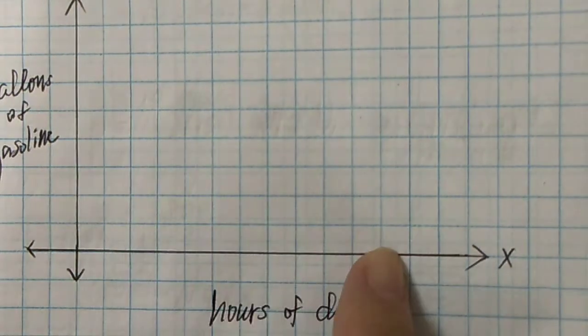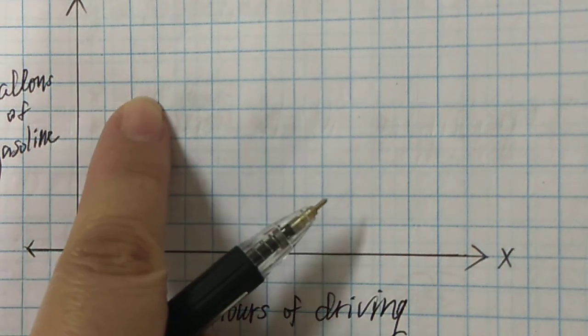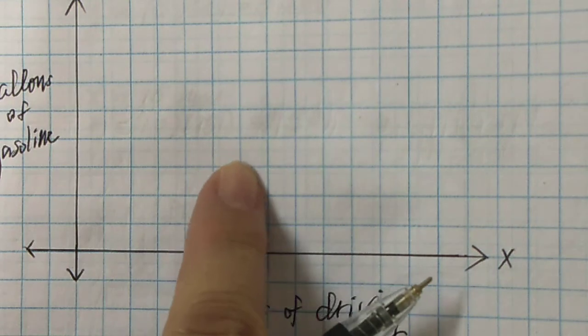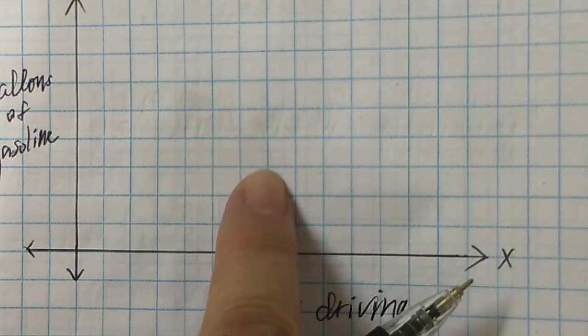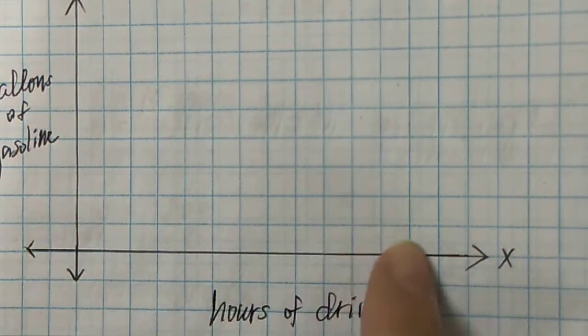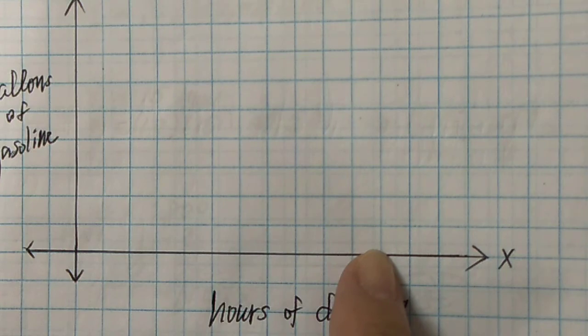For every hour, I'm going to use 1.8 gallons, and there's always going to be some gas left until it's completely used up.